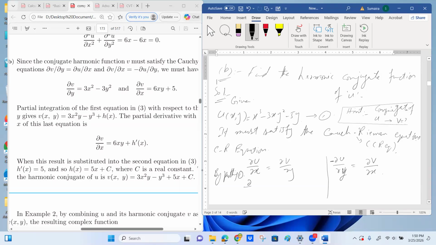Okay, partial by partial x of u, where u is x cube minus 3xy square minus 5y, is equal to partial v by partial y. And minus partial by partial y of u, x cube minus 3xy square minus 5y, is equal to partial v by partial x.